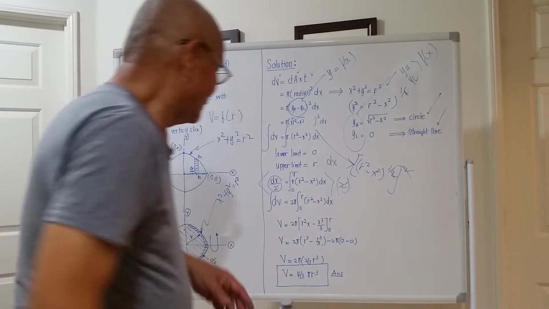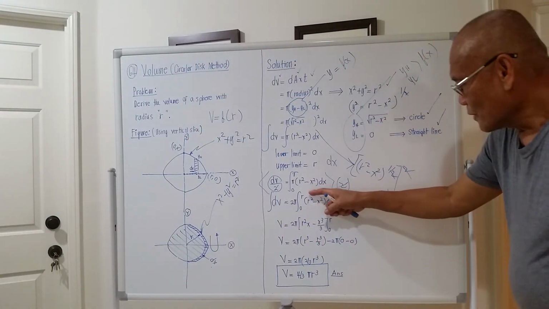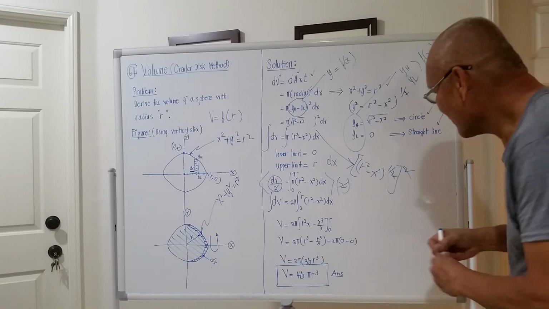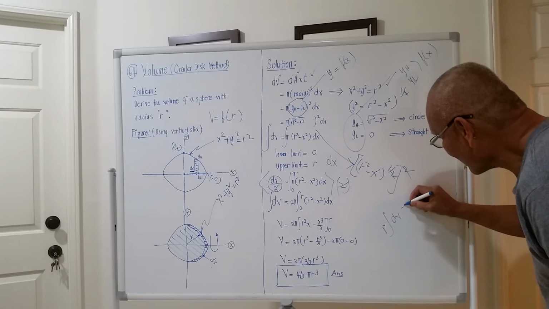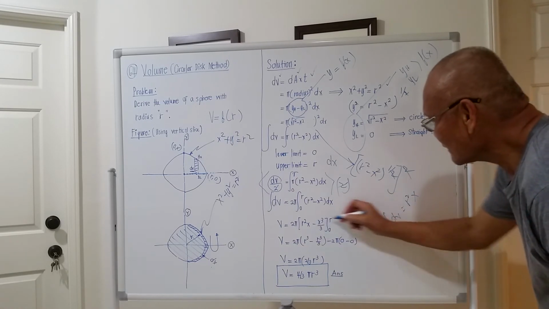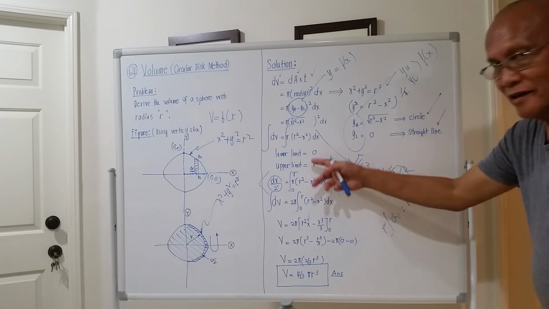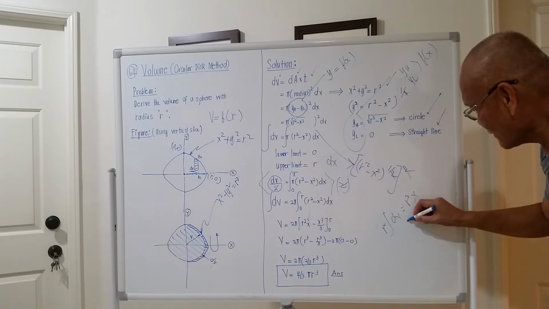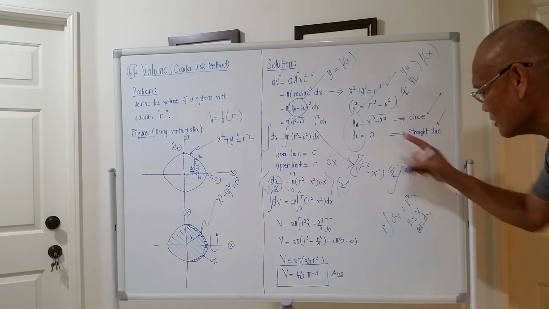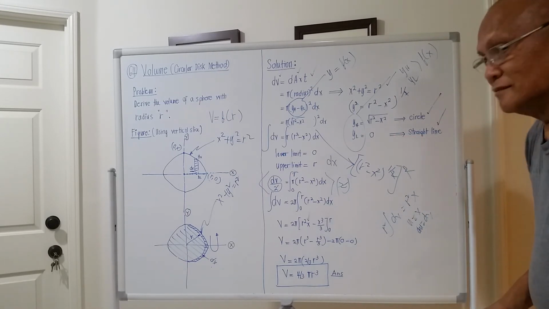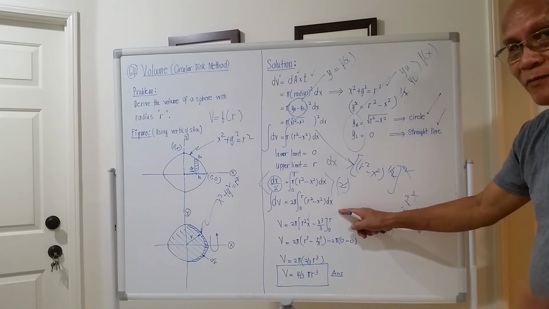Proceeding with the integration, it is 2 pi. R square is constant. The integral of r square times dx is equal to r square x. Right? Second one, it's the power formula, where the value of u is x and du is equal to dx. It is exact, so it falls under the power formula. We are now through with the integration, so the evaluation should be a simple process for you guys.